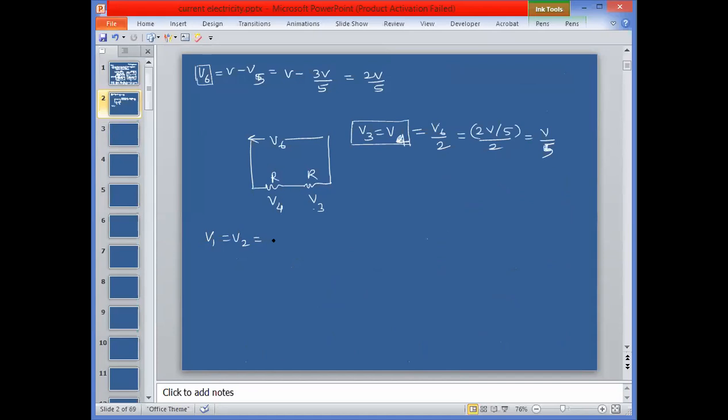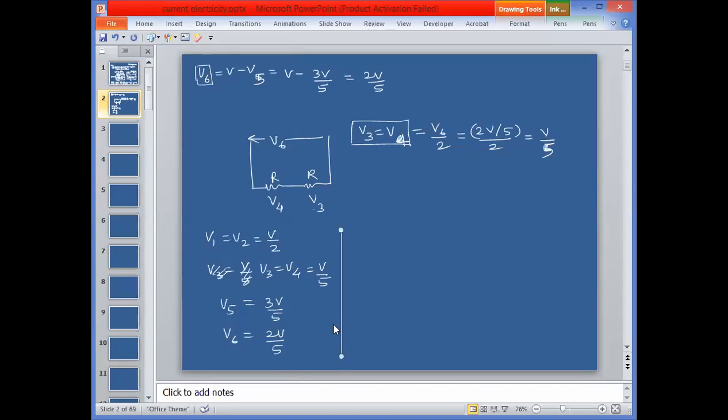V1 equals V2, which is equal to V by 2. V3 equals V4 equals V by 5. V5 is equal to 3V by 5 and V6 is equal to 2V by 5. These are the values that we have found out.